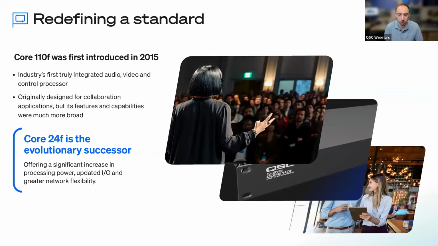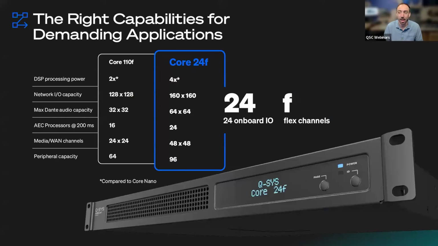We increased the horsepower, we updated the I/O capability, and we took a look at a few things that we used to have on the 110 and decided to bring those back. Things like the OLED panel on the front, we brought that back, as well as GPIO on the back. Then we doubled the processing power. So 4 times the processing power of a Core Nano, twice the power of a Core 110, 160 network channels.